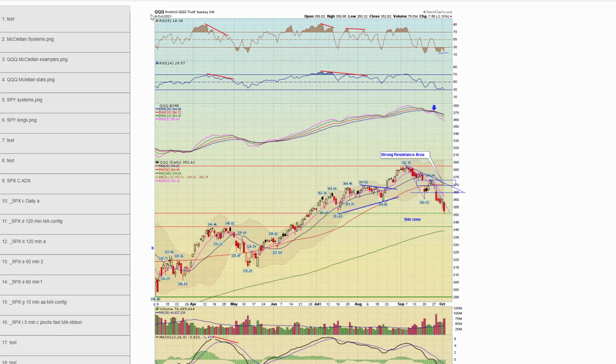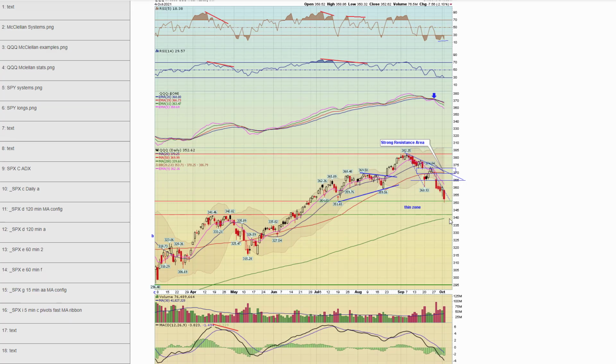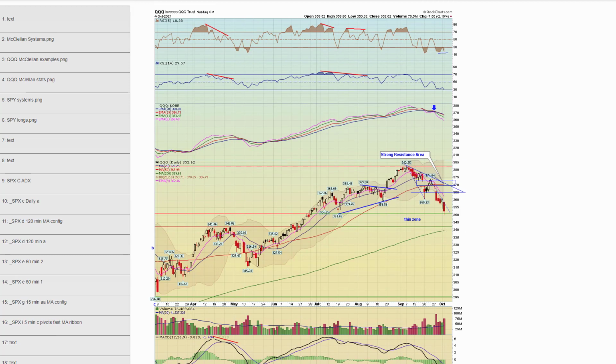Moving back to the indexes, here's the triple Qs daily. You can see we've been working on this zigzag. We hit this initial target, wave A, B, C. So we've hit that target, undercut it a little bit today. There is a support zone here going back to the July lows. My problem here is you have the 200-day moving average not too far away.